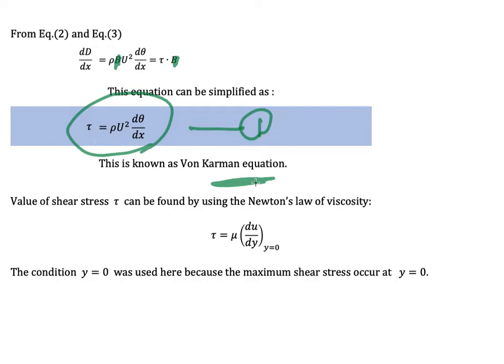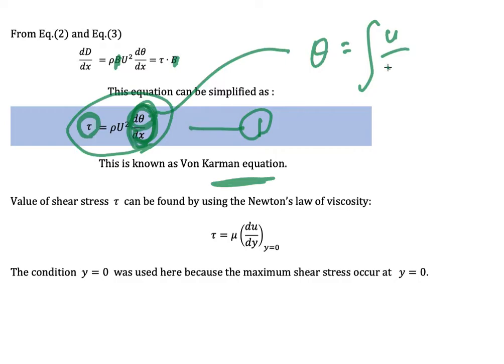Again, here we have the value of tau, and sometimes we also have the value of delta. Here you need to know how to calculate theta, by using theta is equal to the integration of u over U times 1 minus u over U. Because sometimes it gives us two unknown parameters, we need to prepare another equation for the shear stress.